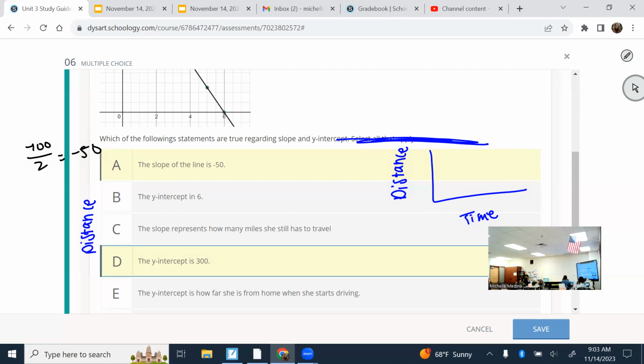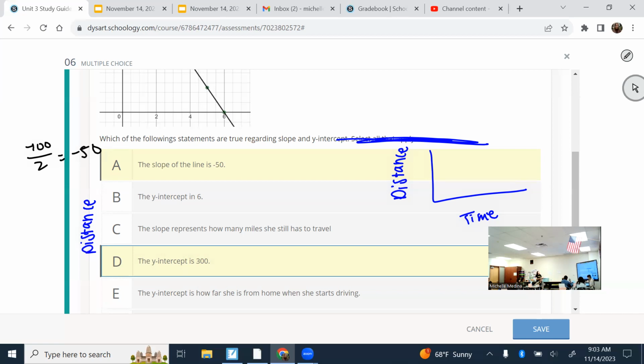What it probably means is it's decreasing by 50 miles each hour. But what C says is how many miles she still has to travel. That's not what it is. She does not still have to travel 50 miles. It's what she traveled in like an hour. Make sense? So don't pick C.